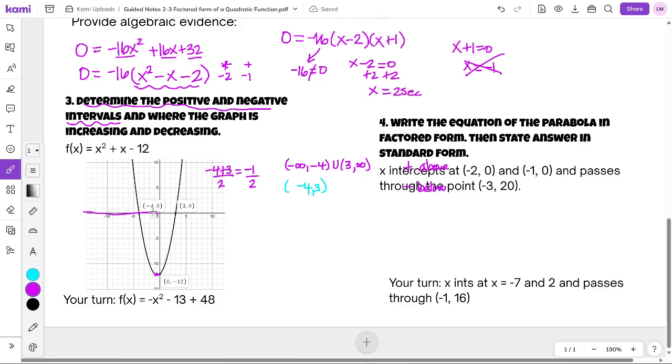So from negative infinity to -1/2, my graph is decreasing. I'm writing that roller coaster down, and then from -1/2 to infinity, my graph is increasing, writing that roller coaster back up. So notice I didn't even need to find the y value. I know it's lower than -12.